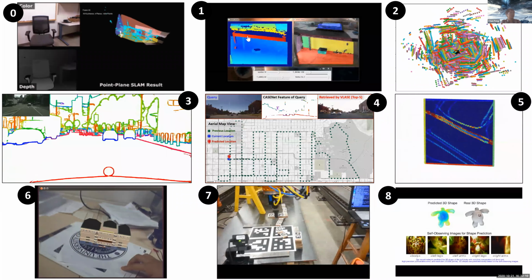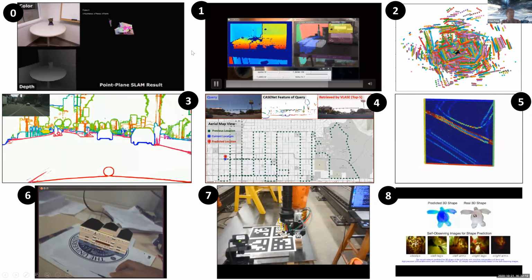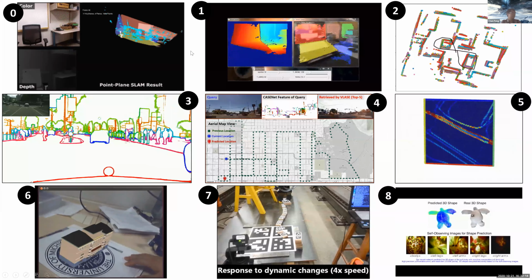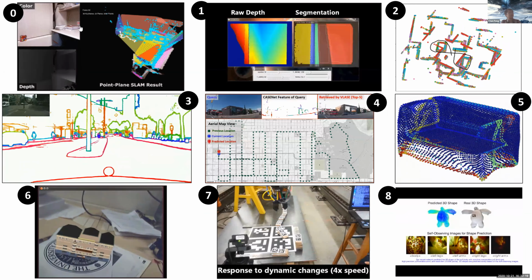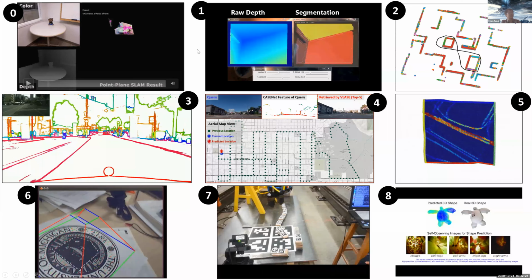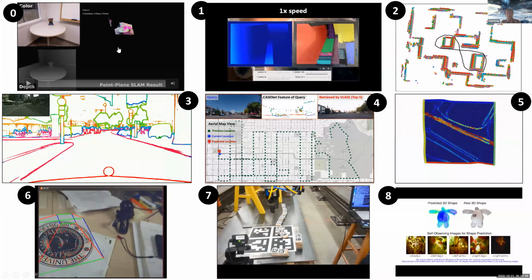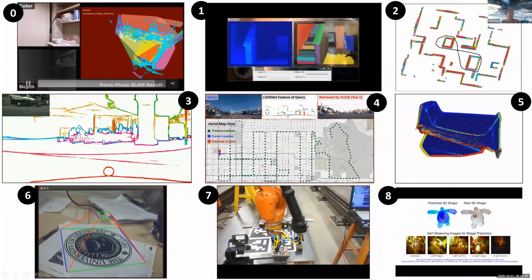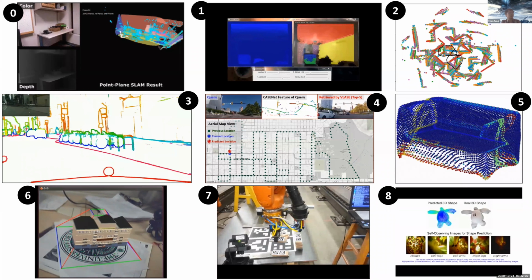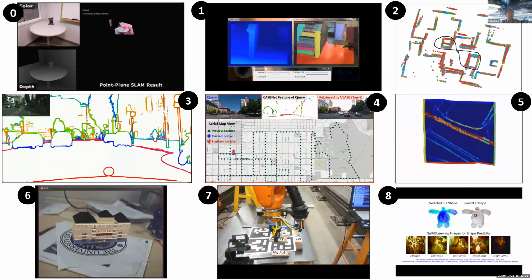So these two algorithms are able to help. It was developed almost seven years ago. It enables a handheld RGBD camera, such as the Microsoft Kinect camera. We use those to localize the camera and so localize either the robot or the AR headset.